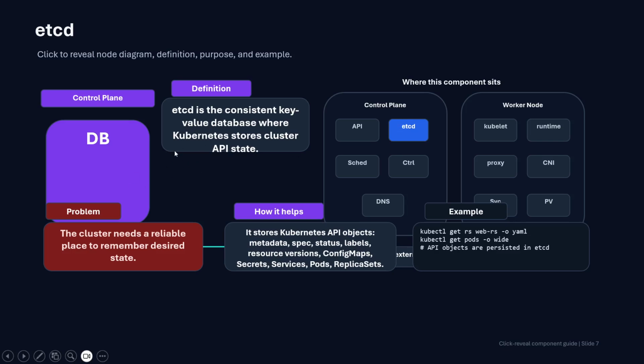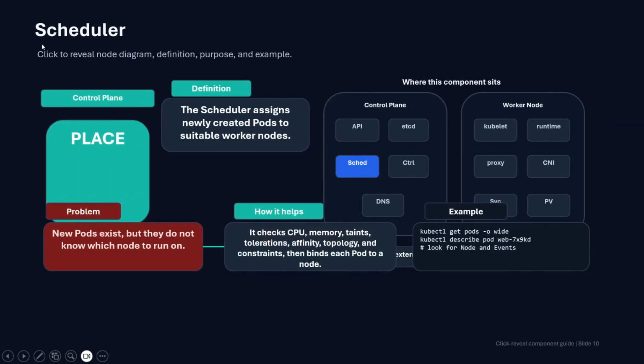The next component is called the scheduler. The scheduler assigns newly created pods to suitable worker nodes. When we say Kubernetes cluster, it is a group of servers.